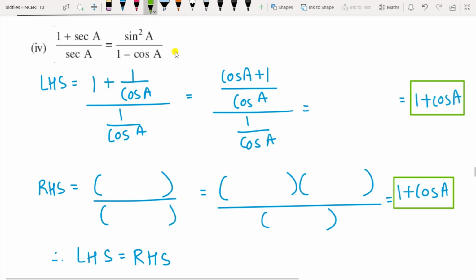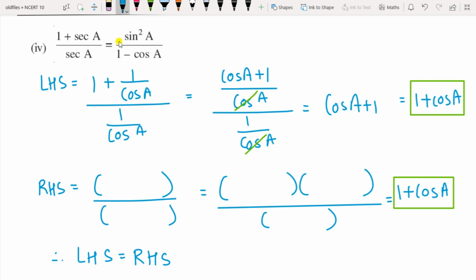So the cos a from the numerator and denominator will get cancelled. What is remaining is cos a plus 1, or you can write it as 1 plus cos a. That is your LHS. Now here we cannot find the LHS value equal to RHS, so you have to prove both these LHS and RHS so as to get the same answer.